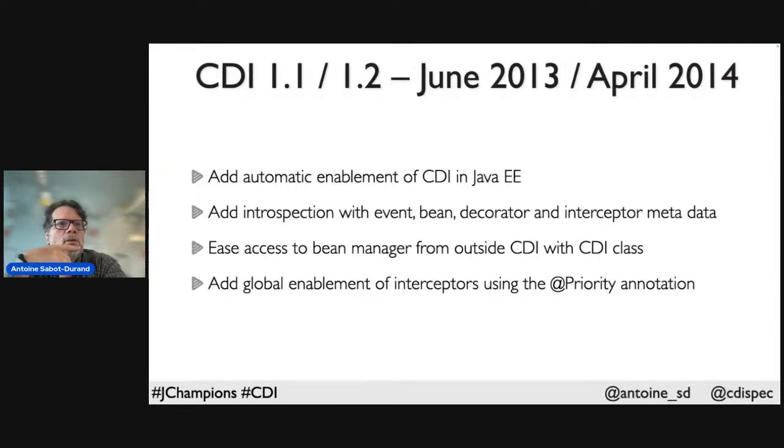From then on, it was automatic. There were more tools to do introspection in the event, bean, decorator, etc., so you can grab in your bean code all the metadata linked to the bean. And you also had easier access to the bean manager, which is the gateway to all the beans in CDI in your application.